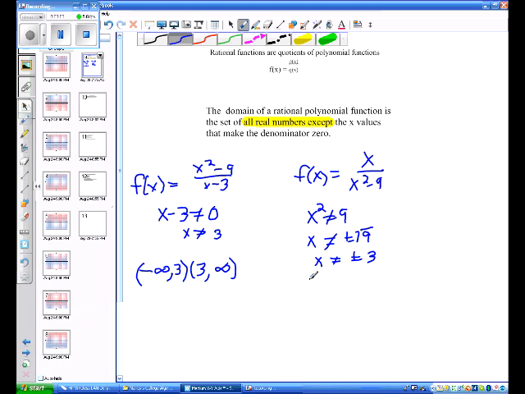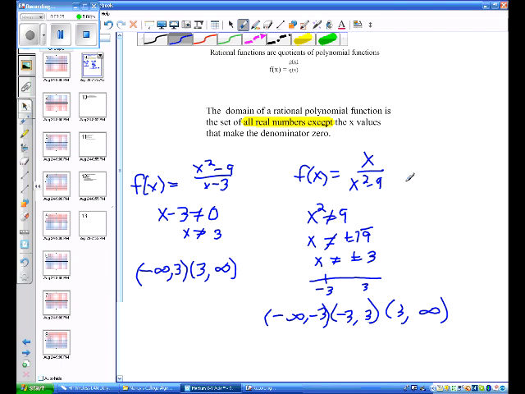When we write that in interval notation, we're saying we can't be negative 3 and we can't be positive 3. So we're from negative infinity to negative 3, from negative 3 to positive 3, and from positive 3 to positive infinity.